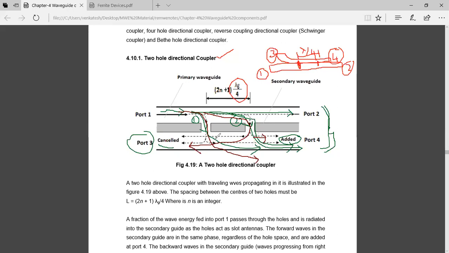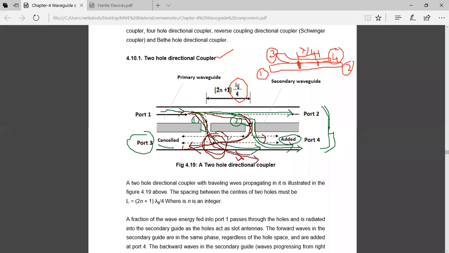Now you can see these two: the energy coming in this direction, and the energy coming from hole 2 moving to port 3. These two will be out of phase with each other because the signals are moving exactly opposite in phase. The energy coming from hole 1 moving towards port 4, and the energy coming from port 2 moving towards port 3, will be opposite in phase.